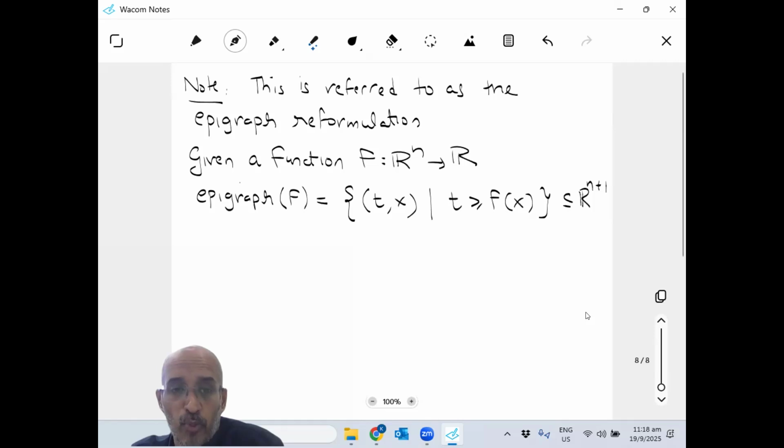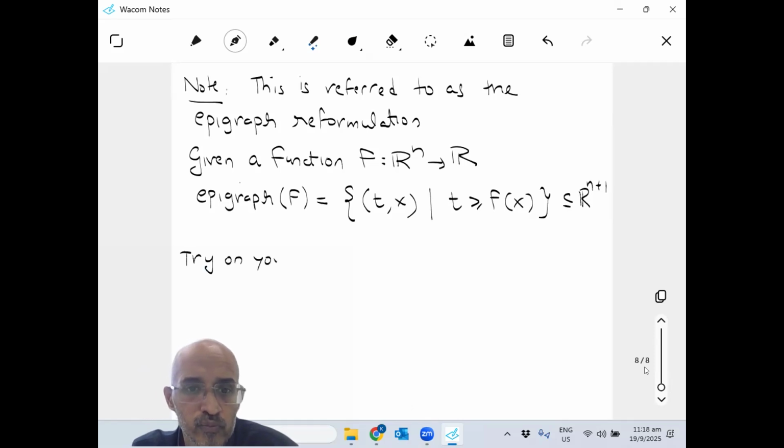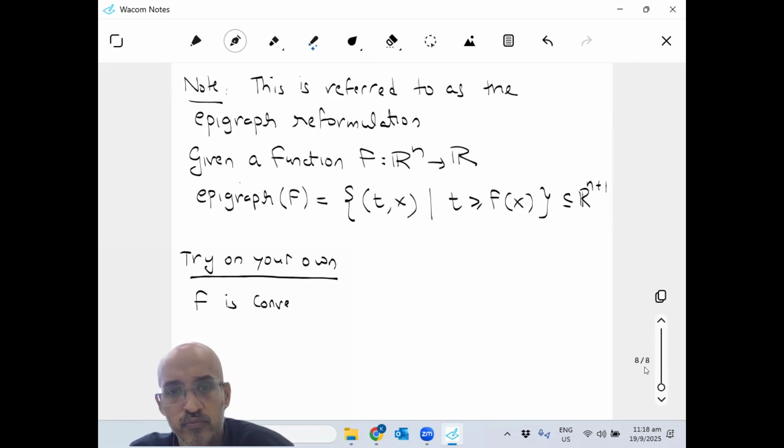One of the important things about convexity, which you can try on your own, is this claim: f is a convex function if and only if the epigraph of f is a convex set. This is not key to our class.